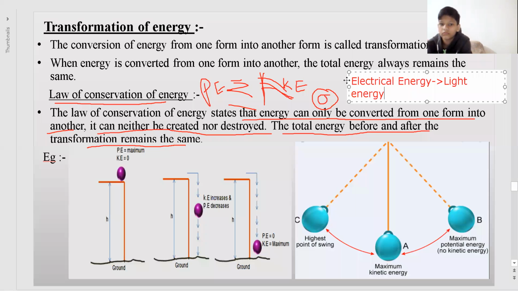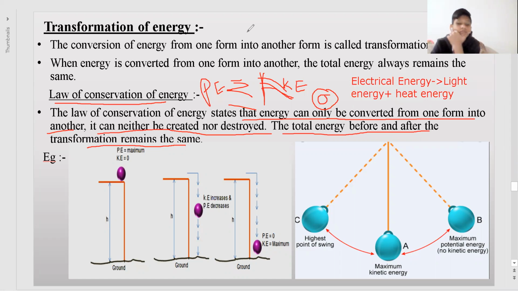And it also produces heat energy. So here the potential energy of the water was converted into kinetic energy, then into electrical energy, which is converted into light and heat energy. So here only the transformation of energy takes place.